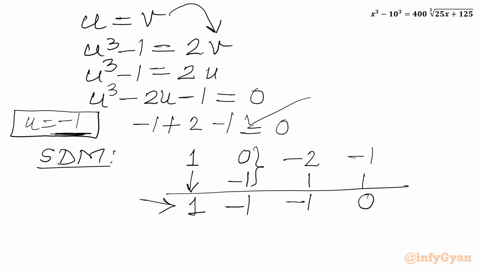Addition will be 0. So we have one quadratic equation, U² minus U minus 1 equal to 0, with our base solution U equal to minus 1.